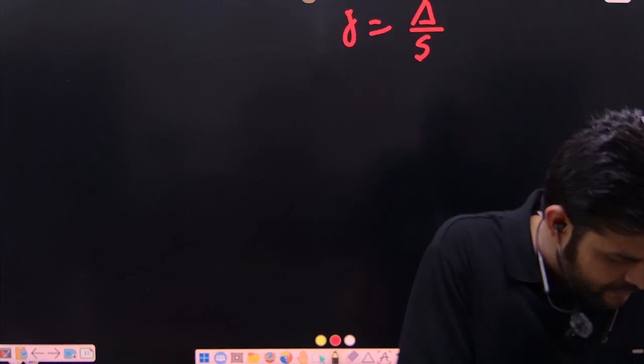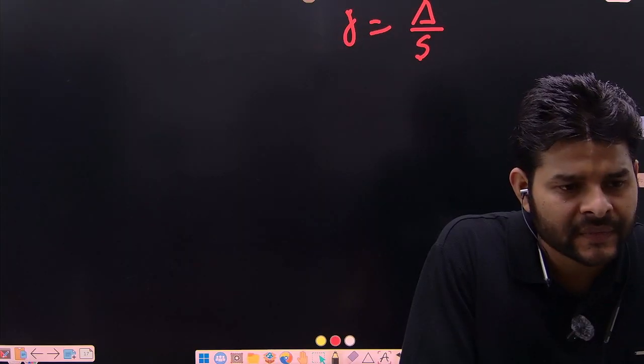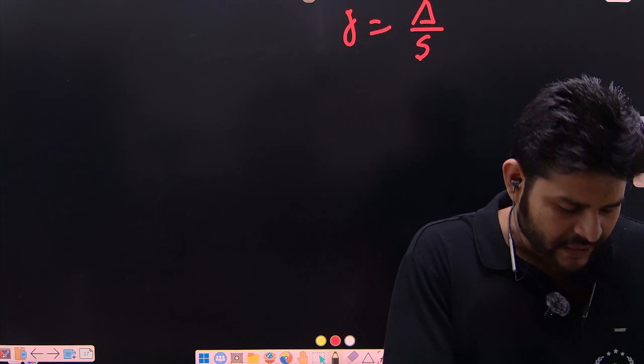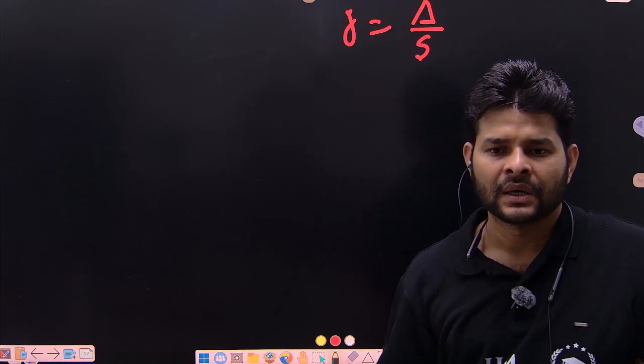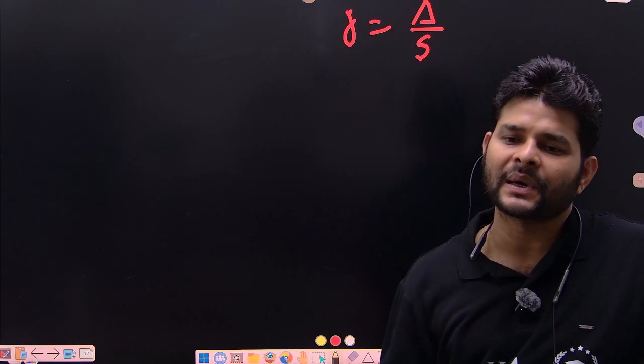So this formula can also be applied in a right angle triangle. But in a right angle triangle, if you have been given the perpendicular, hypotenuse and base, you can apply another one.